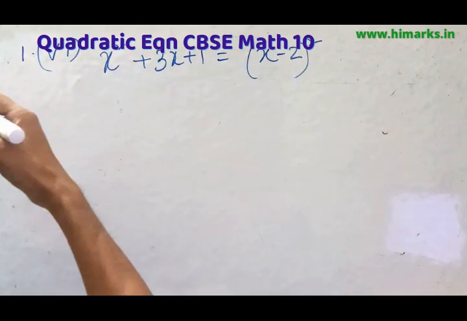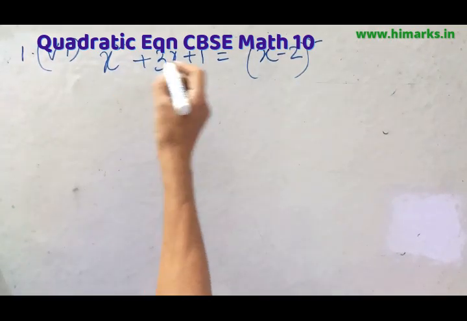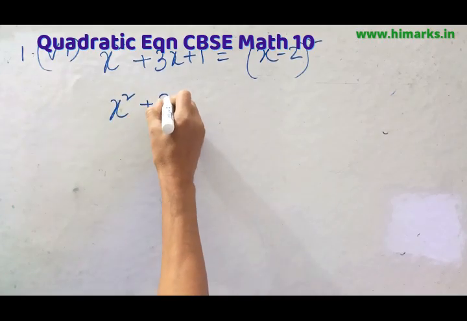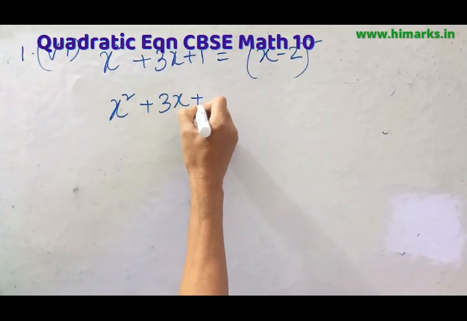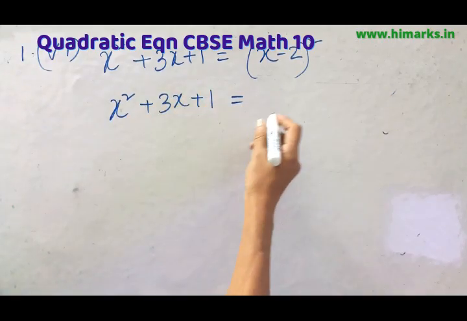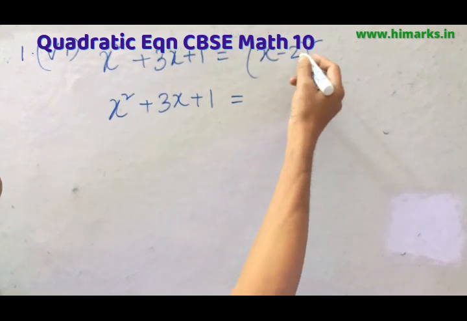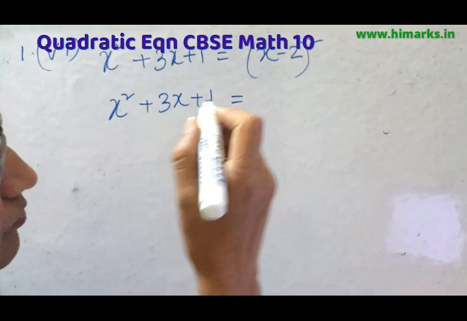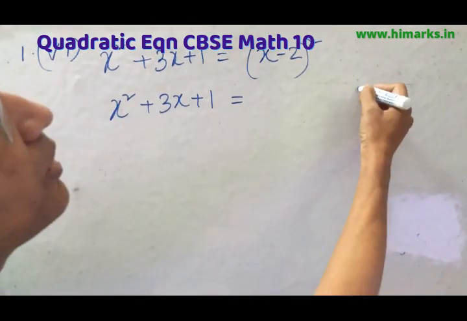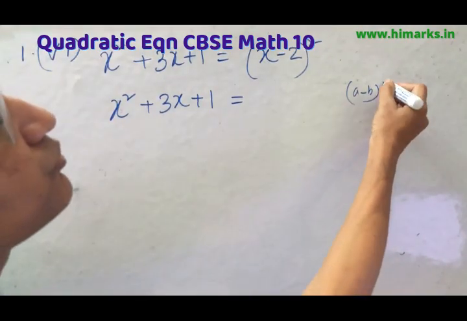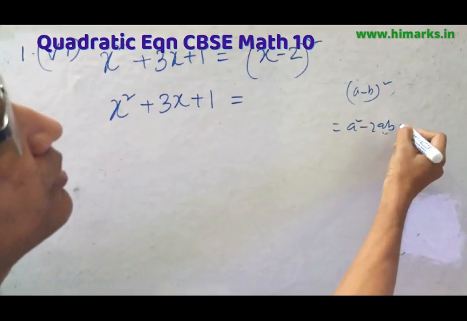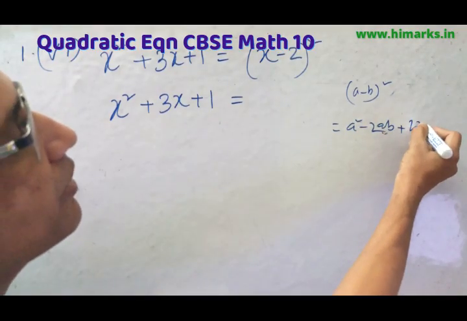So we have to check whether this equation is a quadratic or not. So for that we have to first expand the equation. Left side is nothing to be expanded, already in its simplest form. So this side is x minus 2 whole square. So it is the a minus b whole square formula. You might be knowing a minus b whole square is a square minus 2ab plus b square.